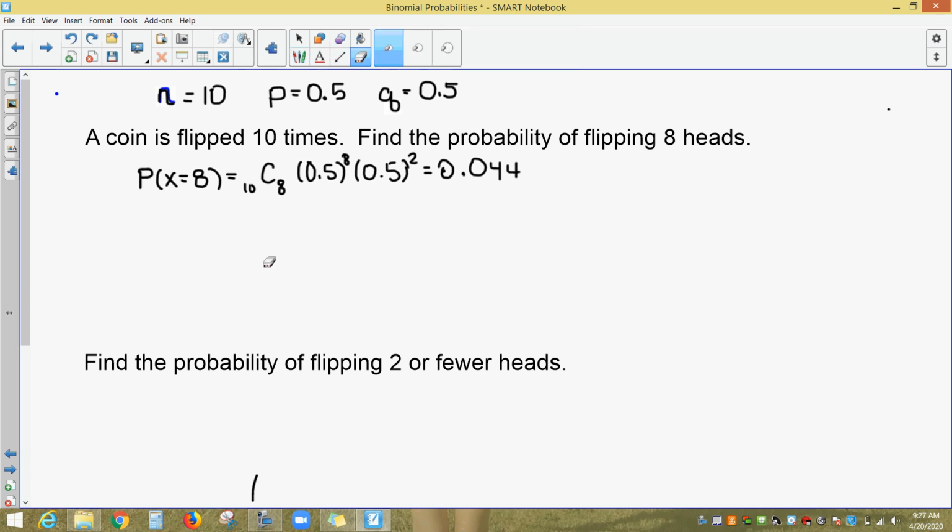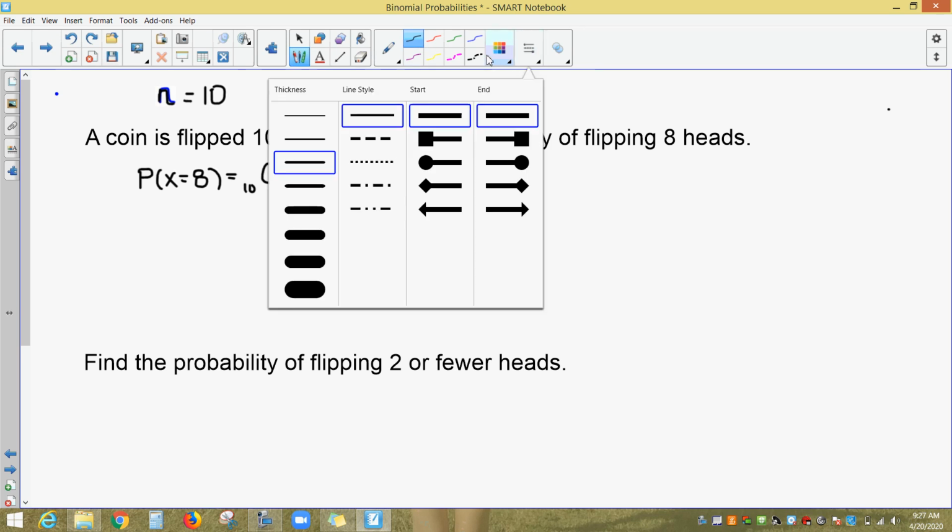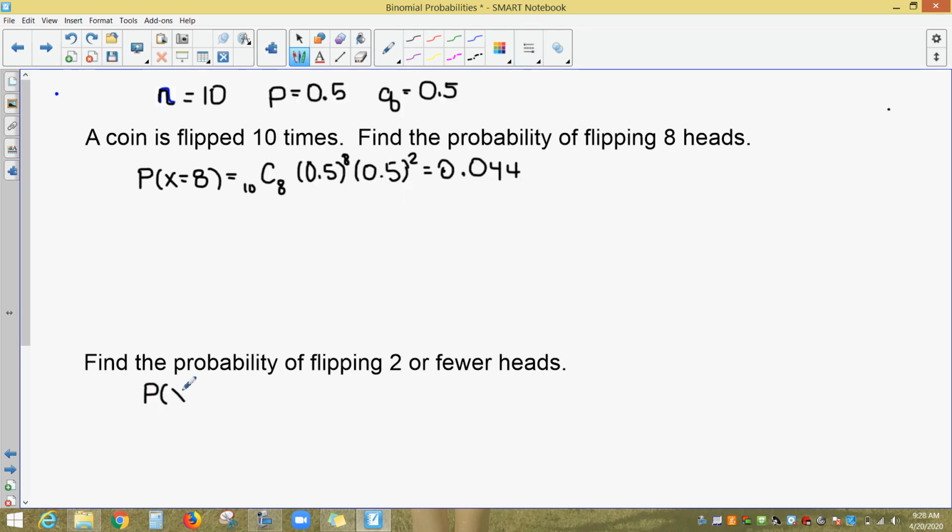If I want to find the probability of flipping 2 heads or fewer, that means 2 or 1 or 0. Go ahead, if you would, and don't approximate this, and we'll come back and see if we can, and then compare answers later.